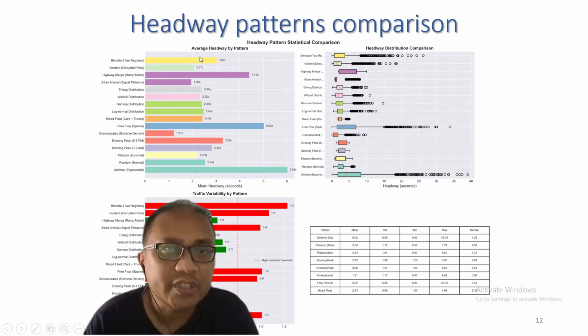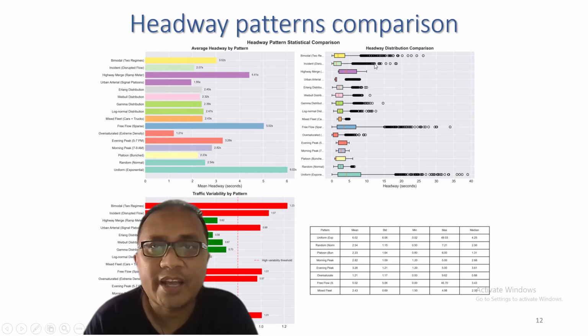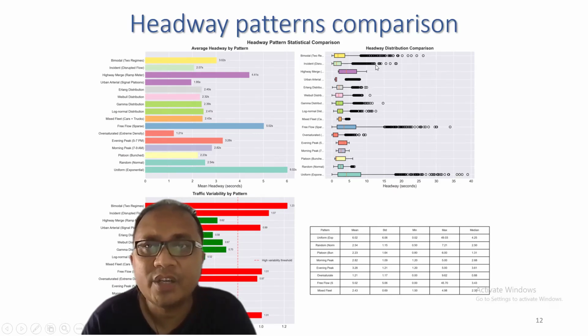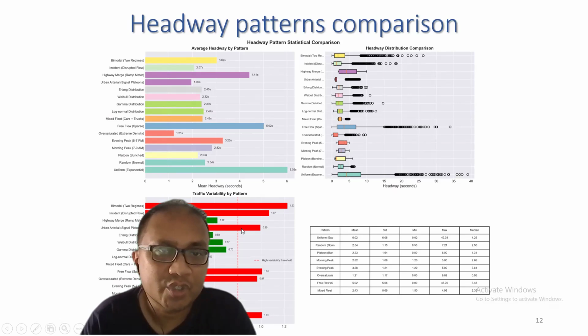I am providing the headway pattern distributions, and in the top right side we can see the headway pattern distribution in a box plot, and at the bottom left we can see the traffic variability pattern in the 16 headway models, and I provide mean, max, standard deviation, and median headways for each of the models.